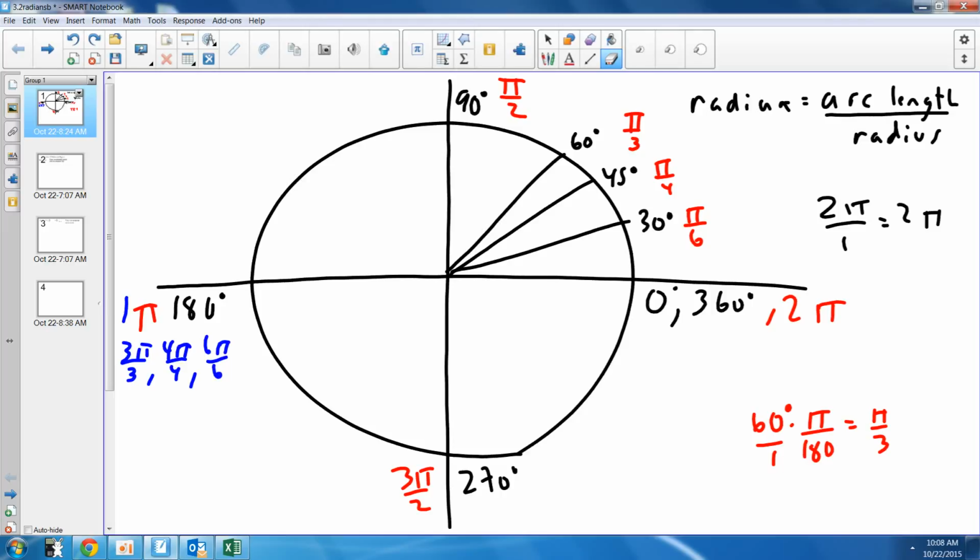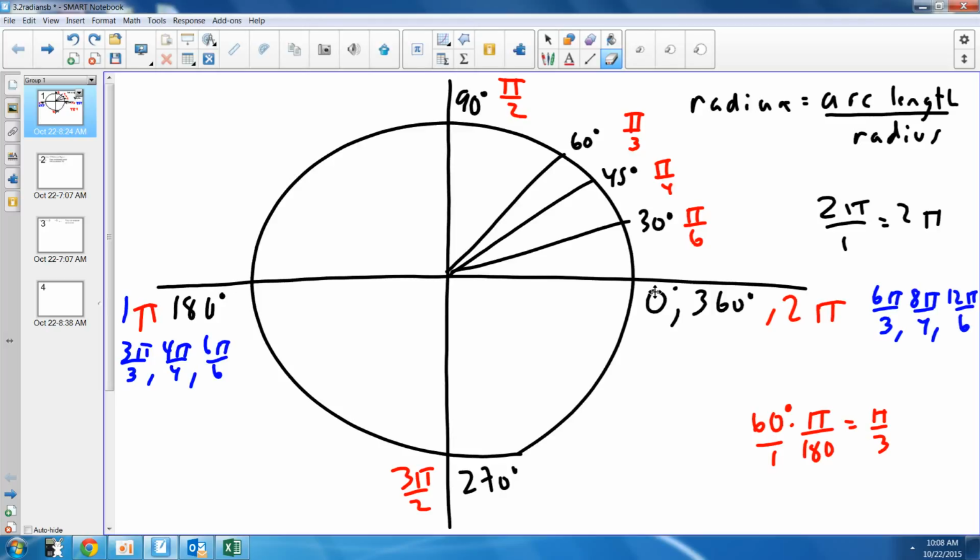And so I can easily add any of these to any of these reference angles to those angles. And the same thing for 2 pi, I can write it as 6 pi over 3, 8 pi over 4, and 12 pi over 6. Again, adding and subtracting reference angles from those.